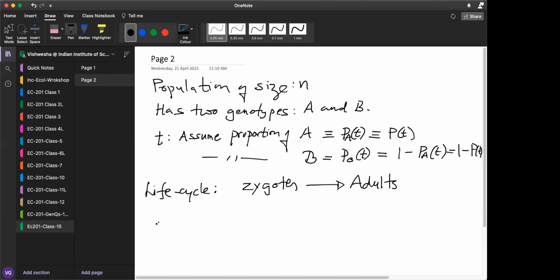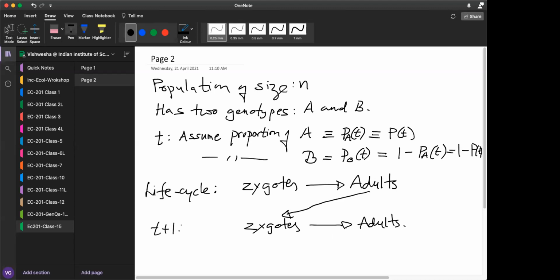And they in turn give rise to new zygotes at the next generation, who in turn then become adults. Is that right? Okay.